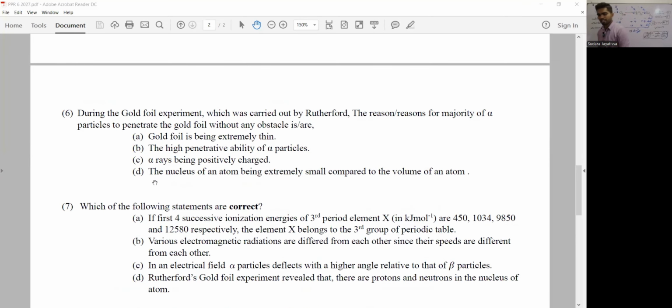Look at this question number 6. During the Goldfoil experiment, which was carried out by Rutherford, what is the reason or reasons for the majority of alpha particles penetrating the Goldfoil without any obstacle? It's asking the reason for the penetration.